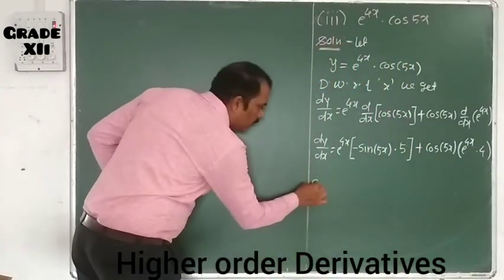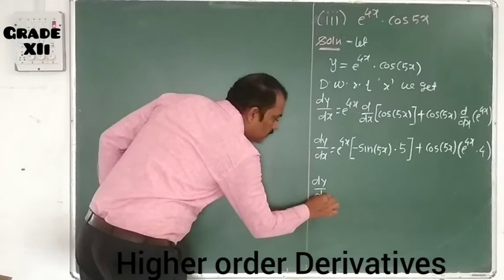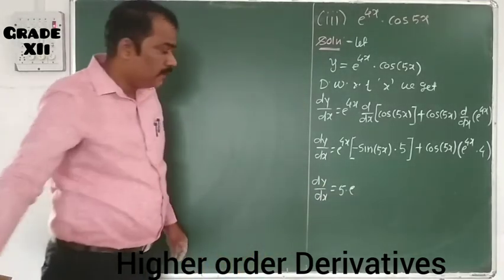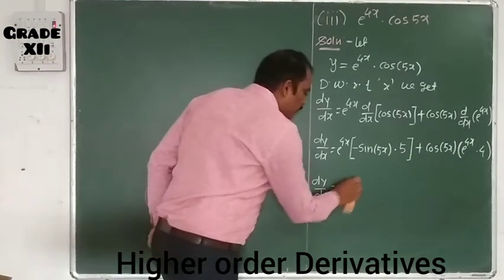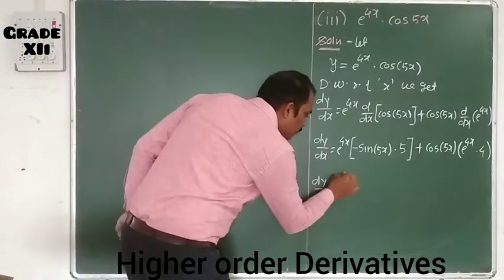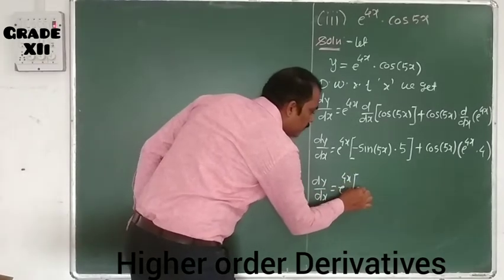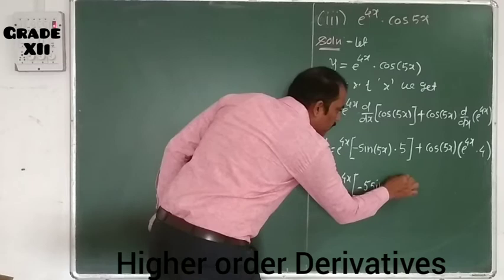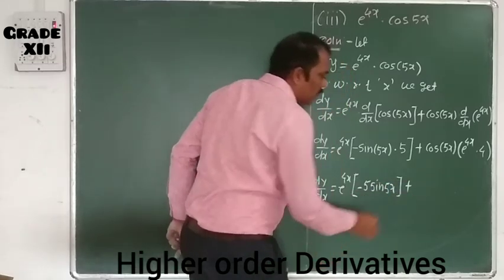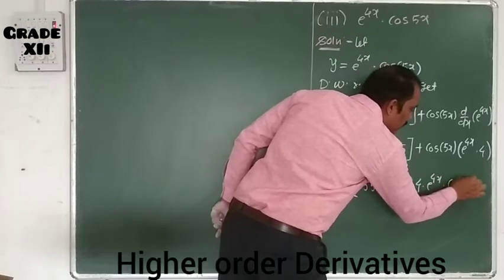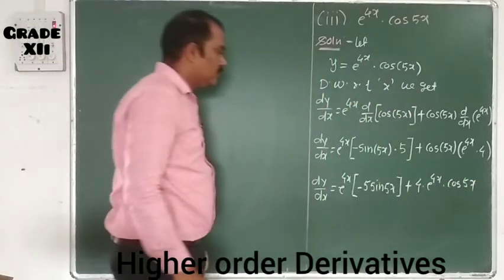So we get dy by dx is equal to e raised to 4x into bracket minus 5 times sin of 5x, plus here 4 times e raised to 4x into cos of 5x.